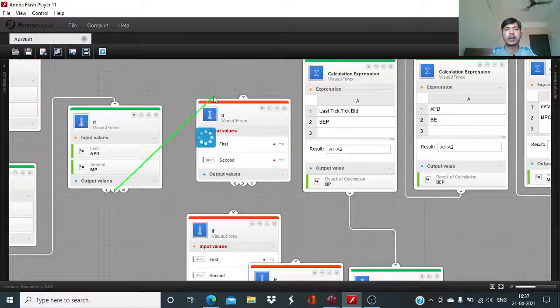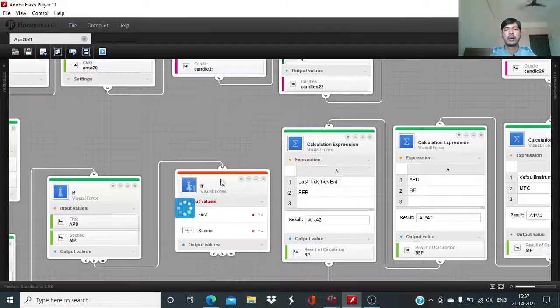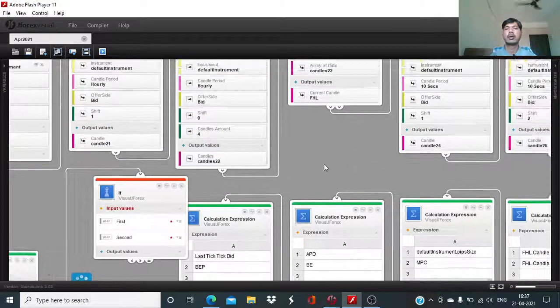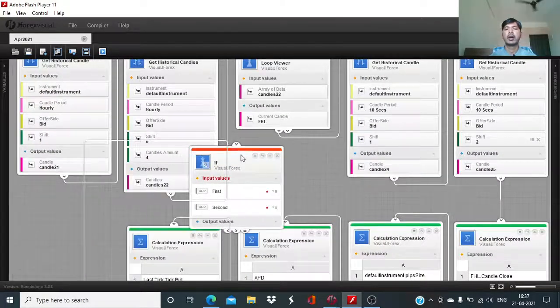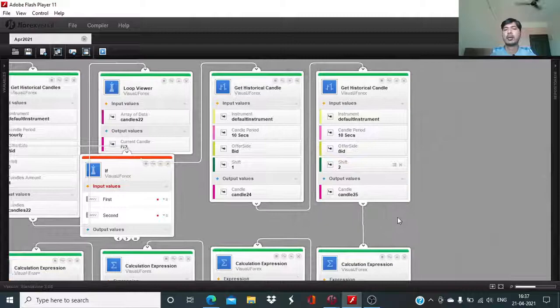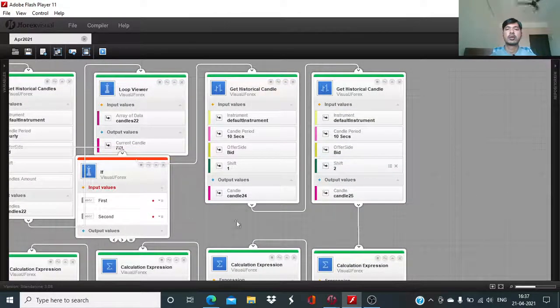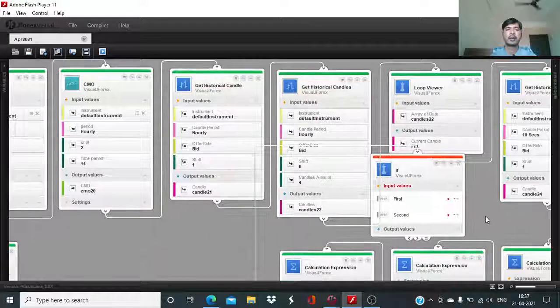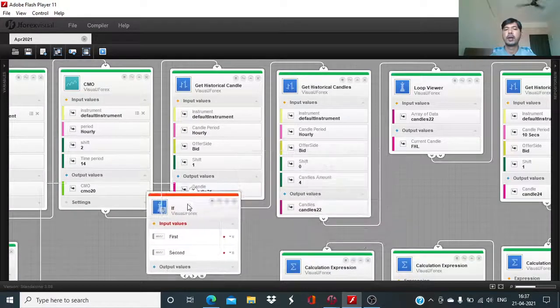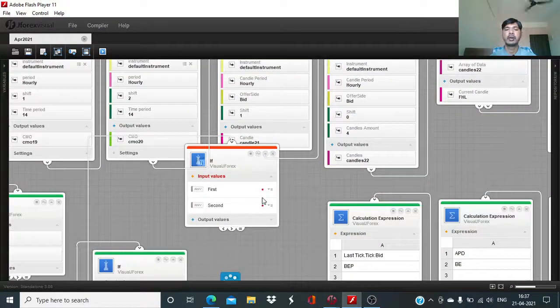First input greater than second input. Last hour's closing value should be greater than its opening value. So for that, the candle 21's closing and opening price needs to be compared.